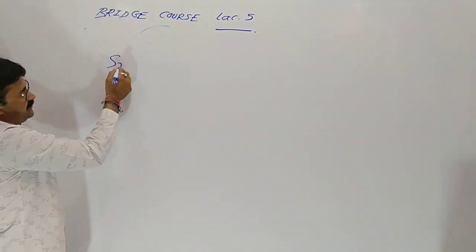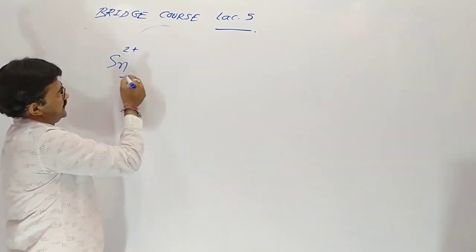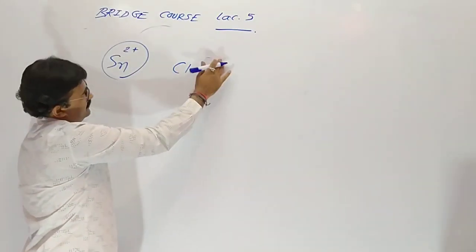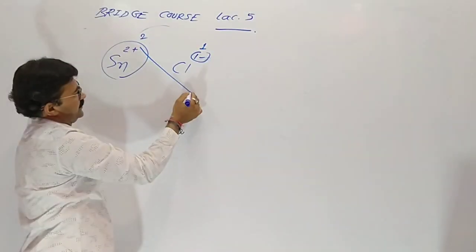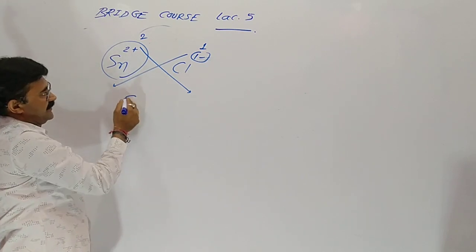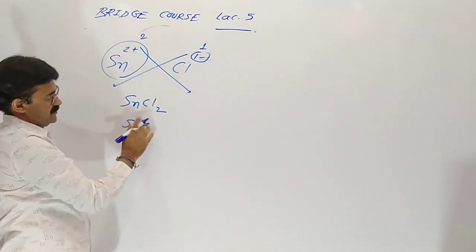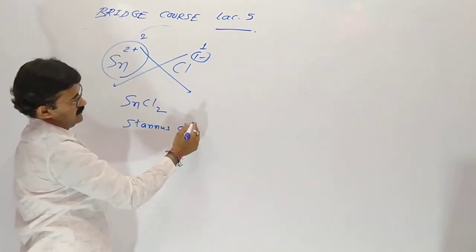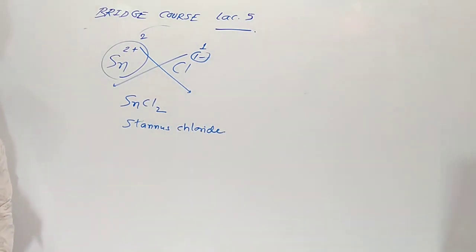Like this, Sn having 2 plus charge is stannous. Chloride having minus 1 charge. Here it is compulsory to use 1 and 2. Multiply 2 to chloride and 1 to Sn. So SnCl2, stannous chloride.